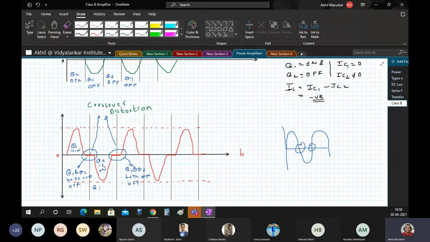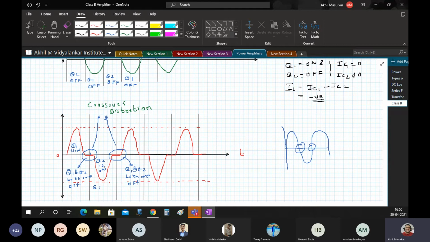We have said that this happens because the circuit does not provide exact switching off of one transistor and switching on of the other transistor at zero input.